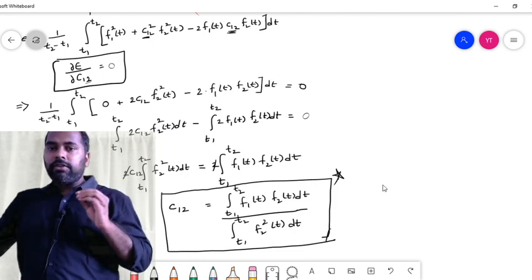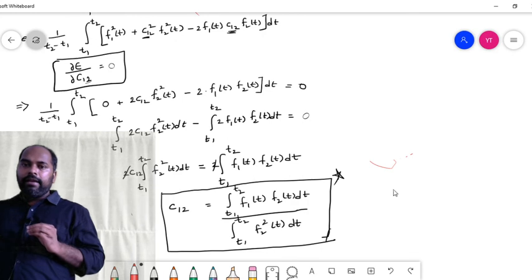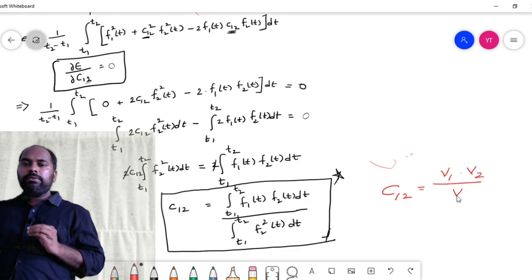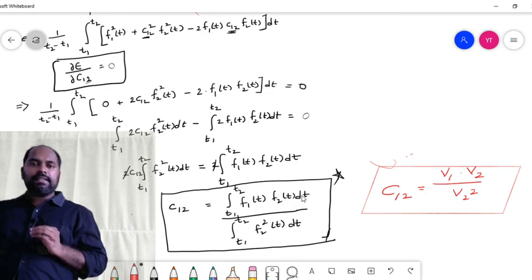Guys, what you have to observe here is very important. For two vectors, C12 equal to V1 into V2 by V2 square. If you observe these two, both are the same. Here these are vectors, here these are signals, that's it.